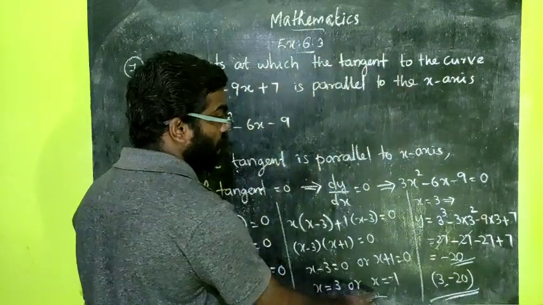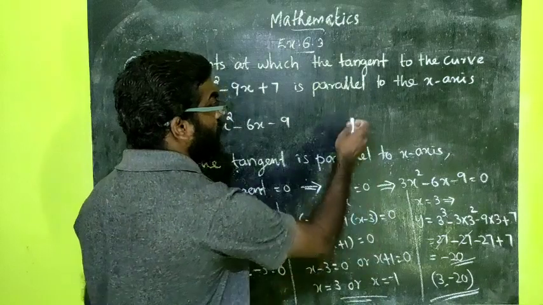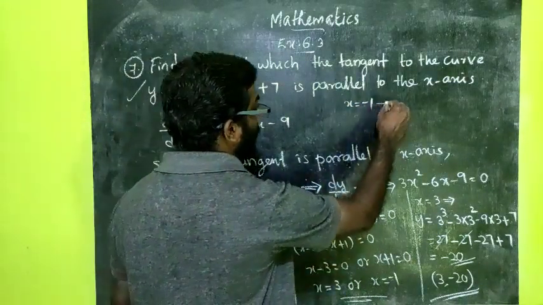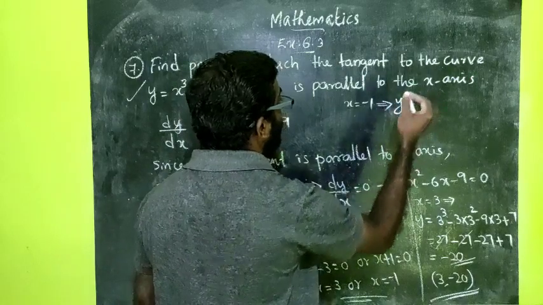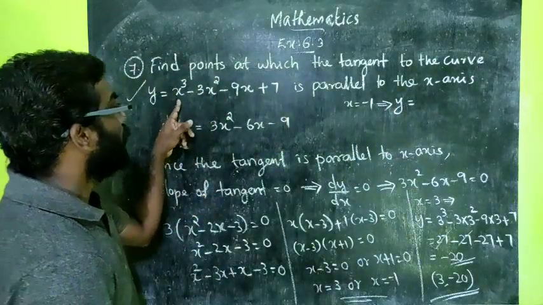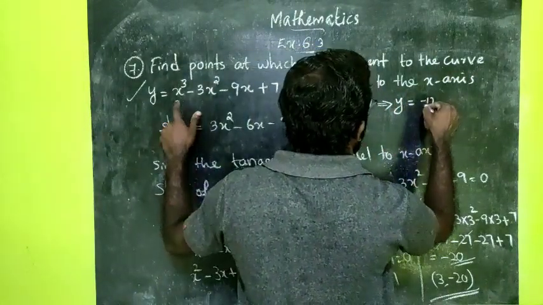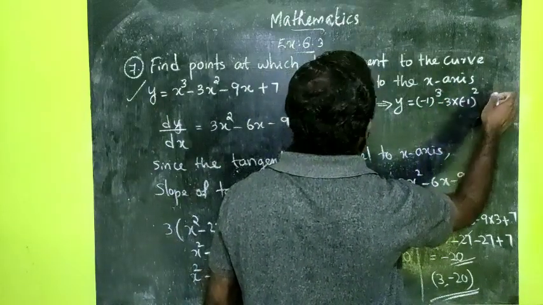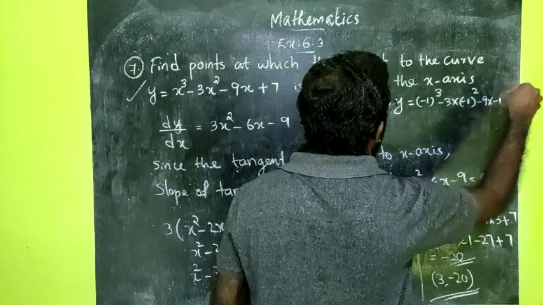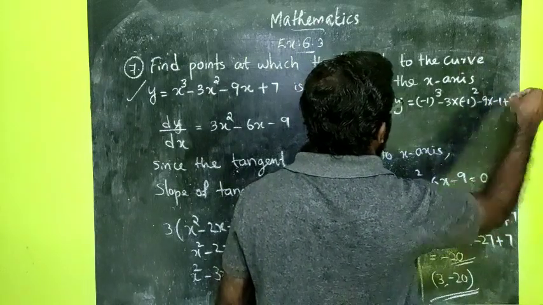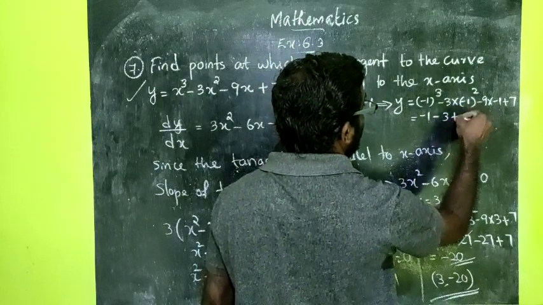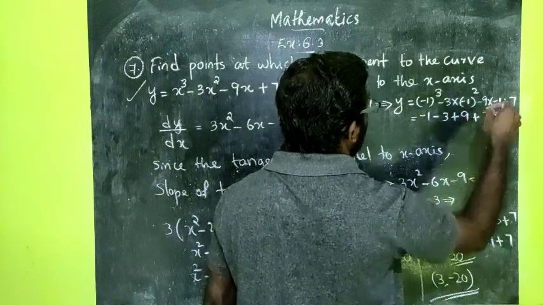Now the next x value is minus 1. So when x equal to minus 1 implies y is equal to minus 1 cube minus 3 into minus 1 square minus 9 into minus 1 then plus 7. That is minus 1 minus 3 plus 9 plus 7.